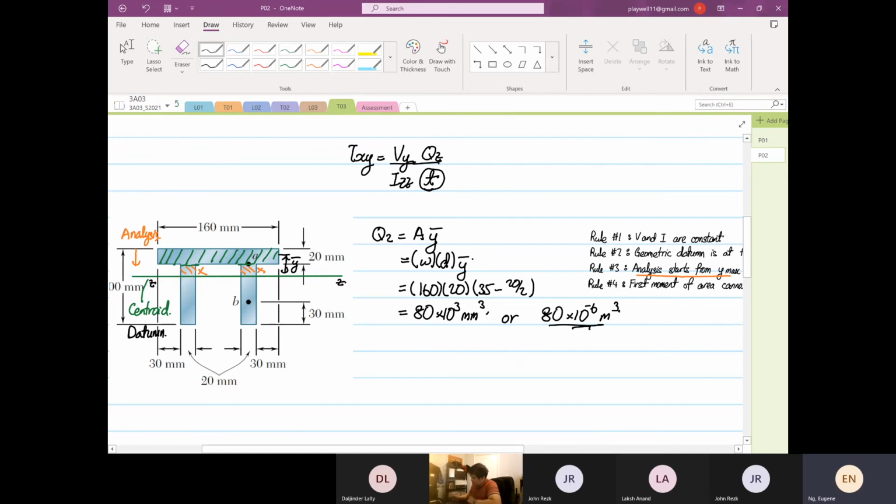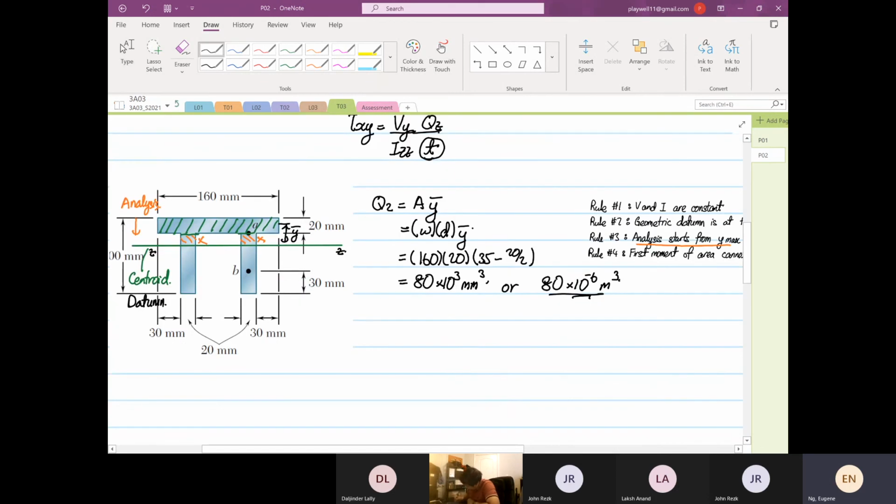Okay, so now all these are known, right? So we want to find the shear xy at point A now. V is equal to 90 times 10 to the power 3.